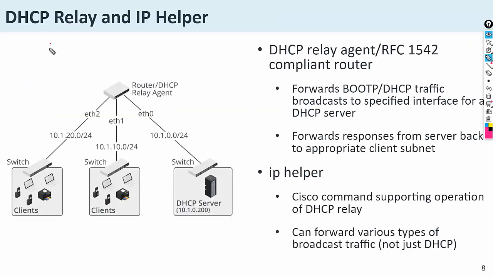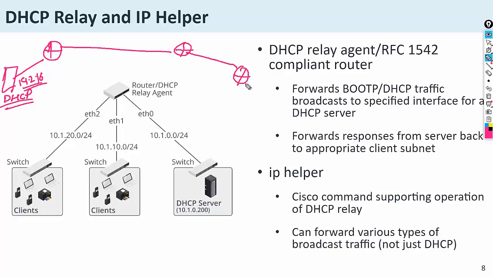For example, there is one router, another router, another router, and here is the DHCP server, and there is an IP address 192.168, whatever the IP address is here, like this is connected.